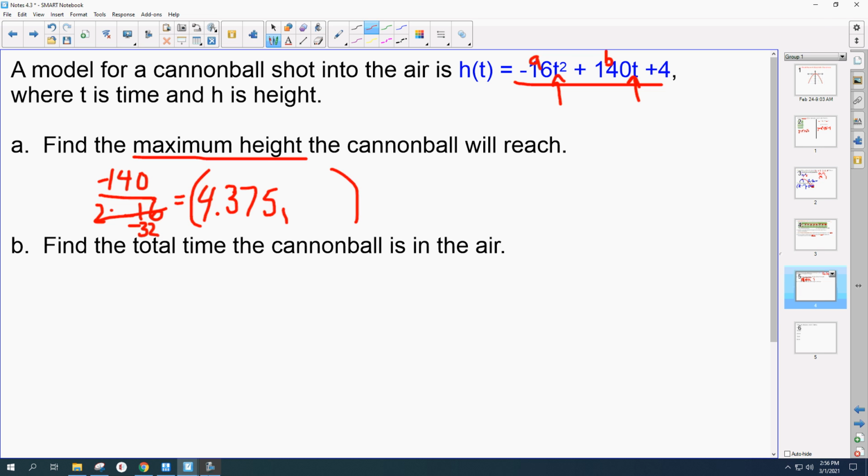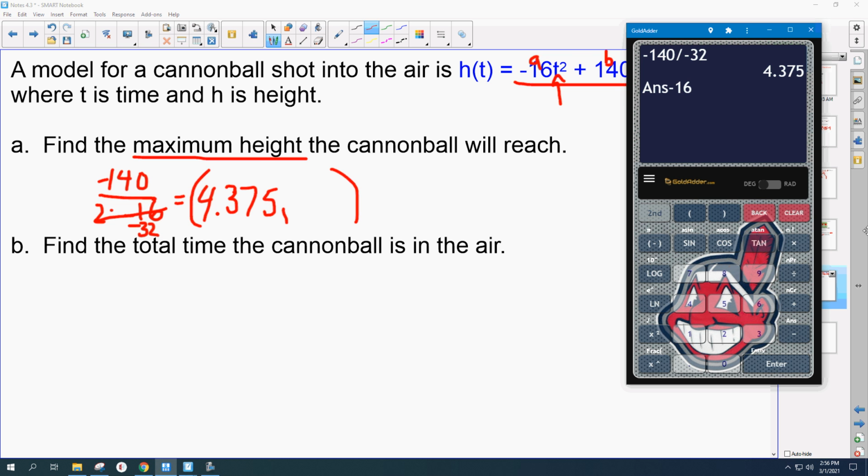So we have negative 16 times 4.375 squared plus 140 times 4.375 plus 4.